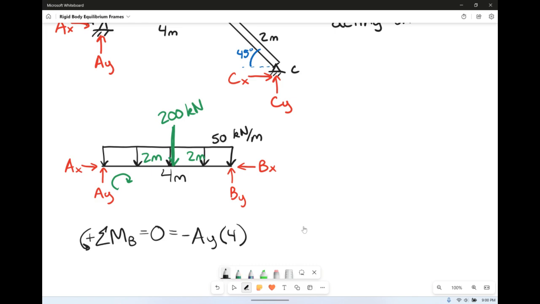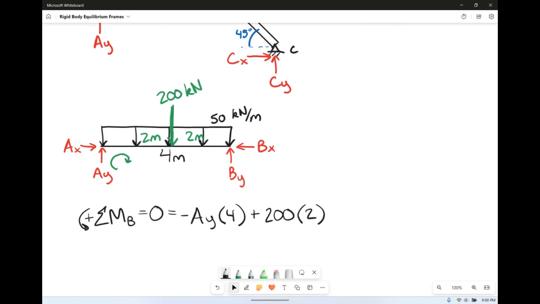So it's going in the positive direction: plus 200 kilonewtons times a distance of 2 meters. So we're going to find that AY is equal to 100 kilonewtons.